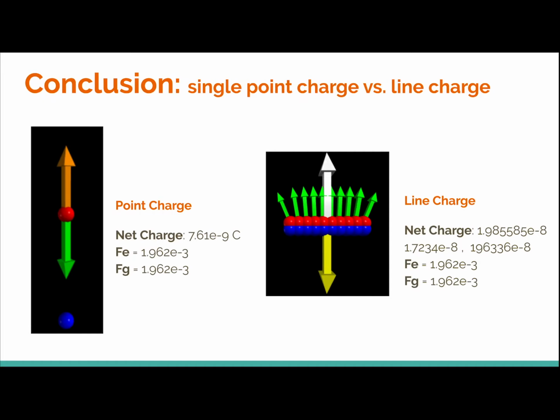Therefore, since the average distance between the charges becomes larger and the angle of the vector makes the y components even smaller, the line charge should have a larger charge than the point charge to make the net electric force equal to the gravitational force, while the gravitational force stays the same for both the line charge and the point charge.